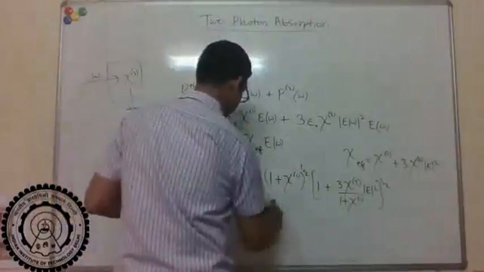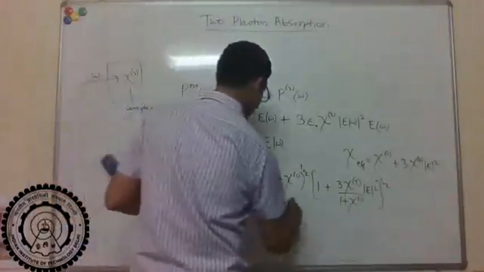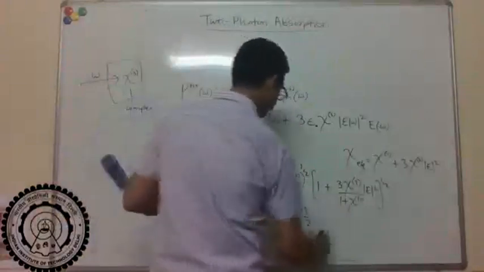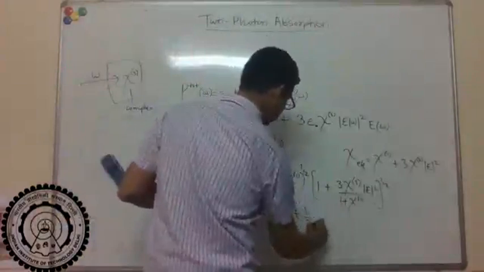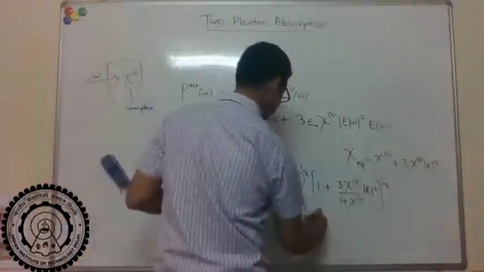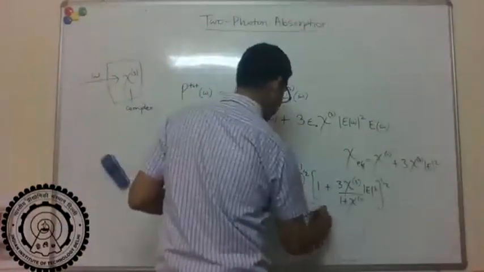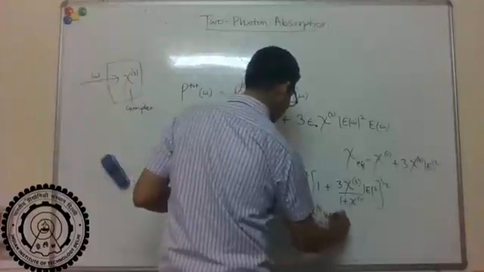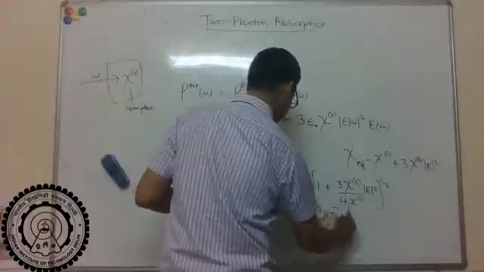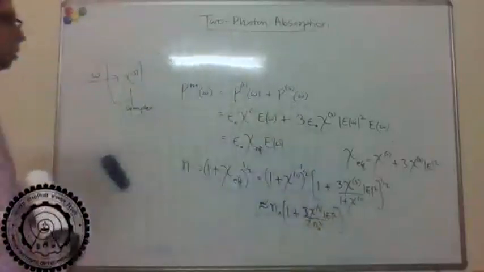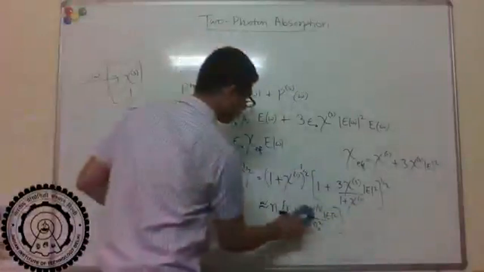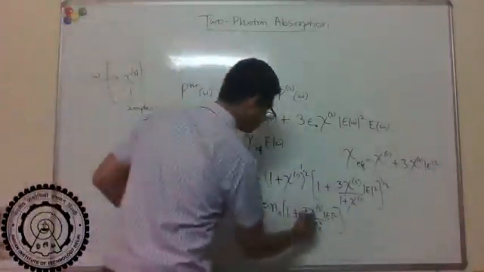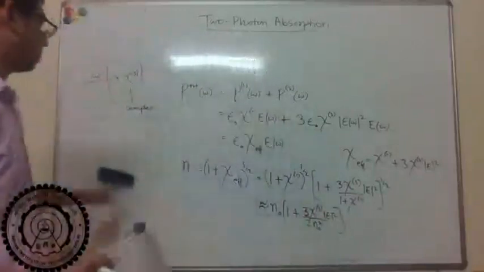So this is approximate, right? And then here we do 1 plus half. So 1 plus chi1 we get n0 square in the denominator, and in the numerator we get 3 chi3 mod E square, right? So all this is just a repeat of last class. Okay.